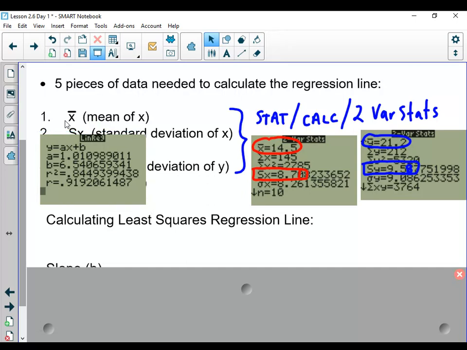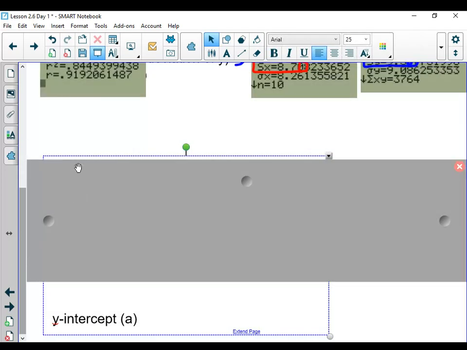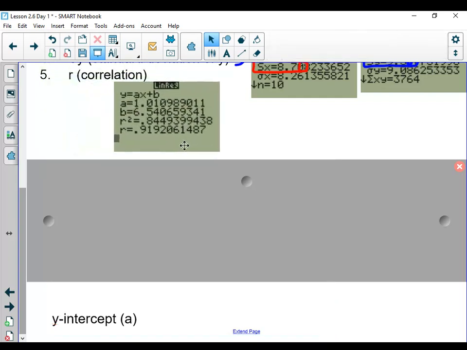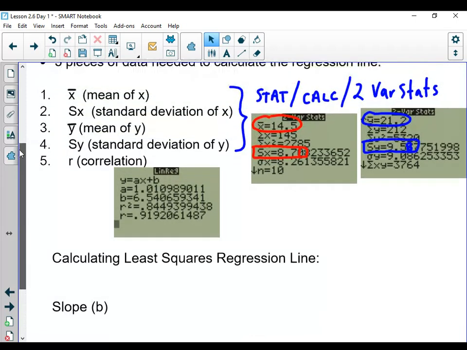Put that down. All right, so I got all the information I need now in order to actually find my least squares regression line.